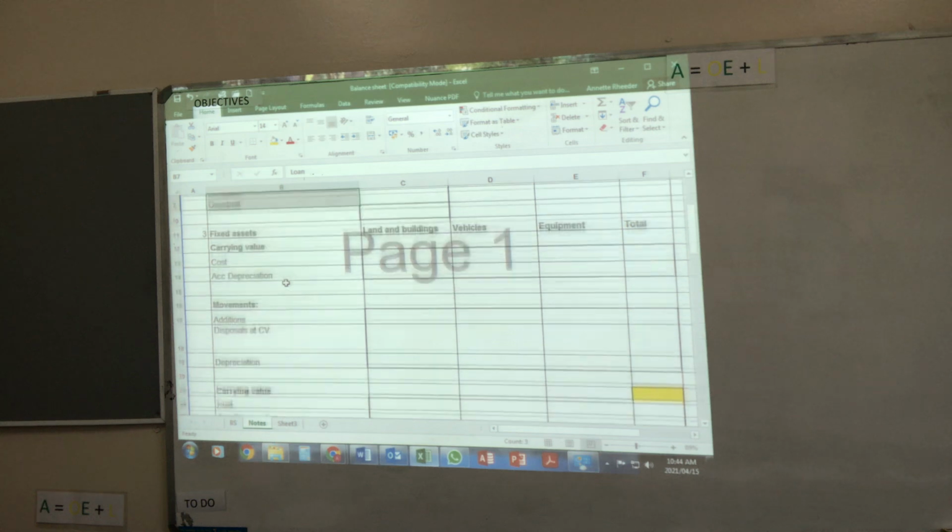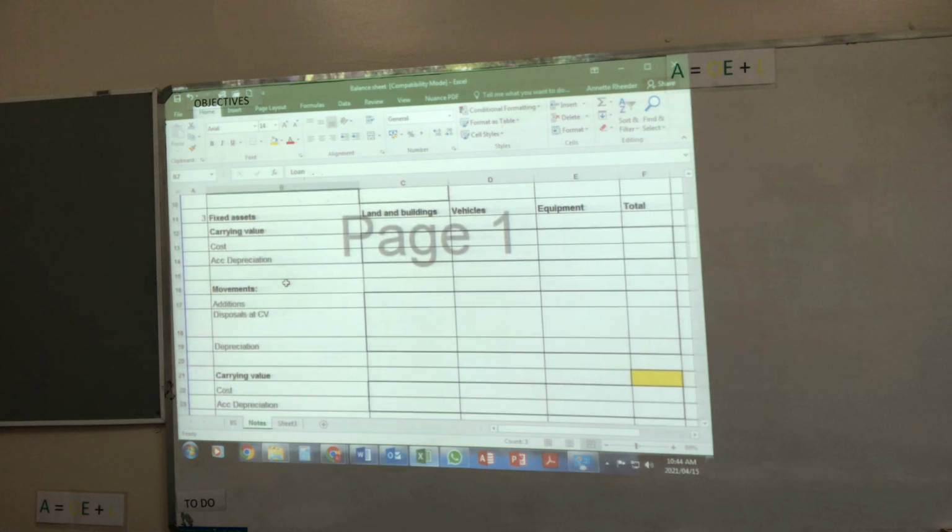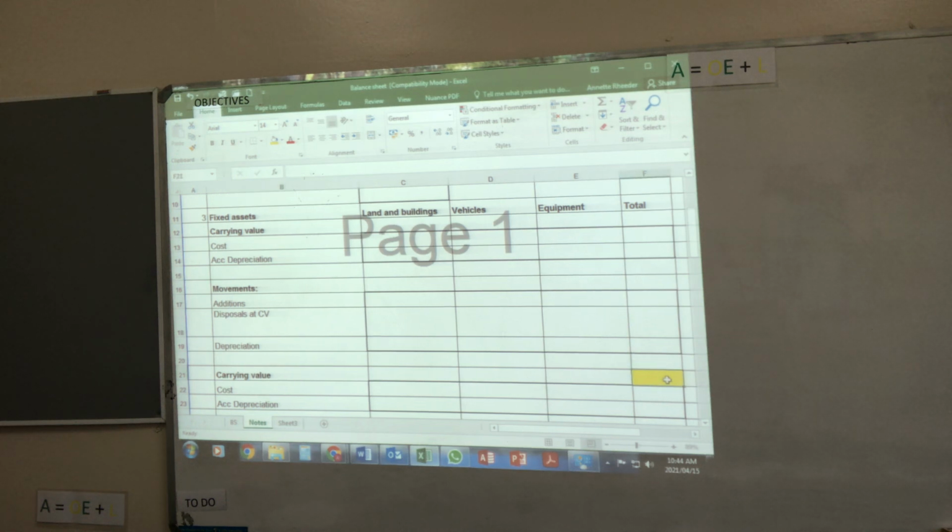Note 3 is the note that applies to my fixed assets. You can remember, that's where we report the accumulated depreciation when there was a disposal at carrying value, and we report the current year's depreciation, any movements, any sales of fixed assets, and we calculate all of this to get to this yellow block here.